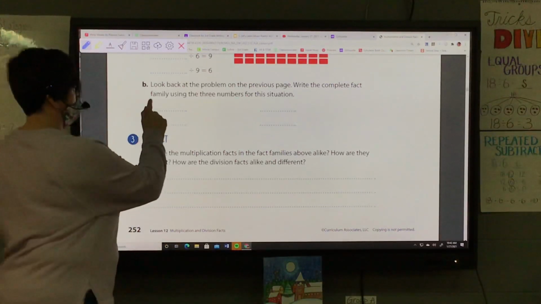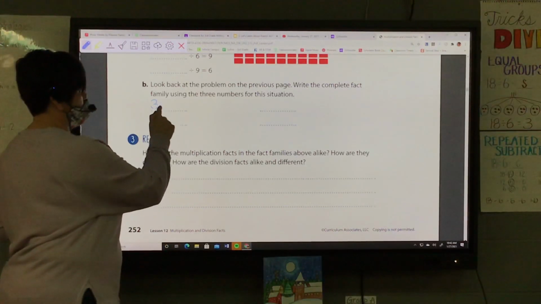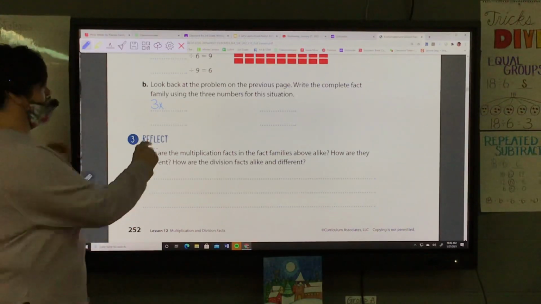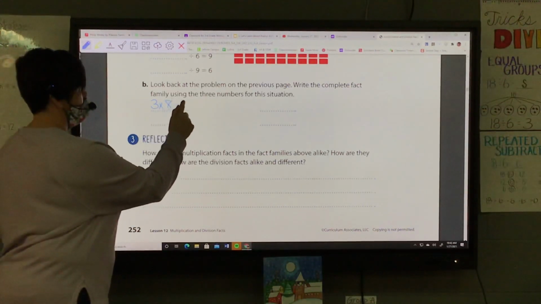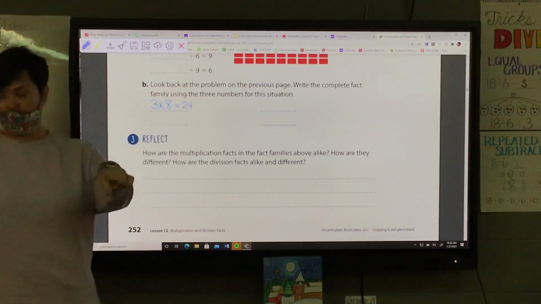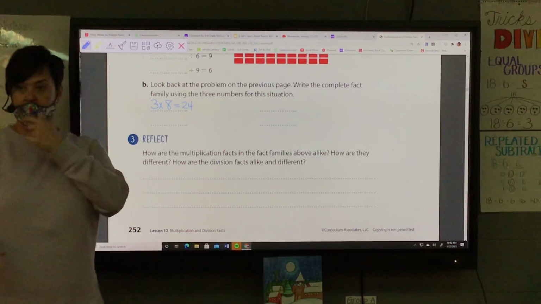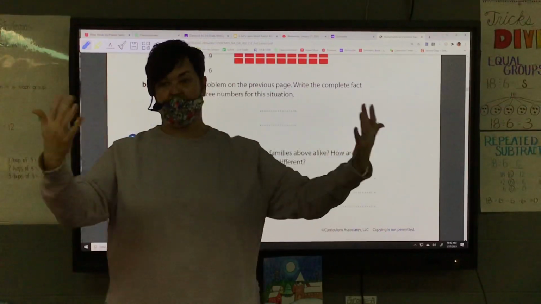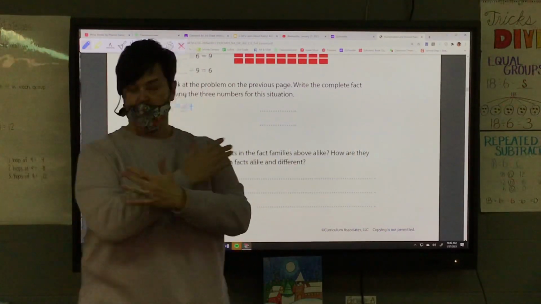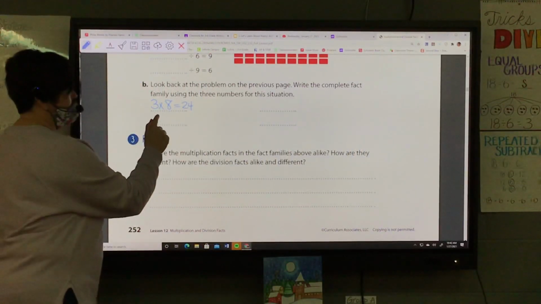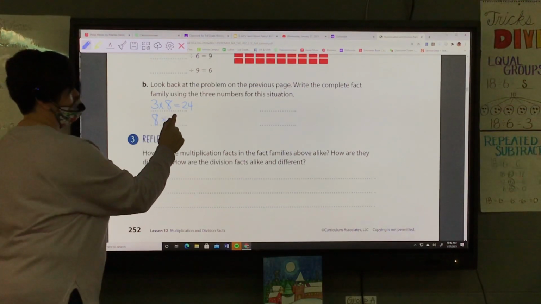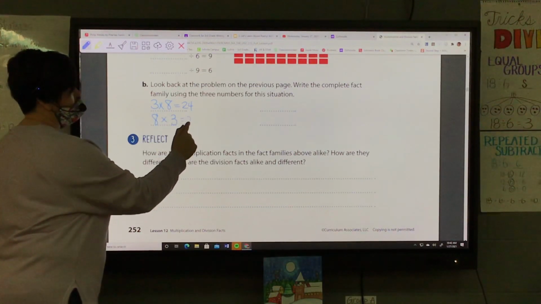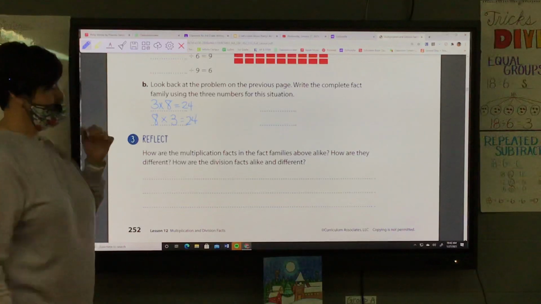Okay. 3 times what? 8 equals what? 24. Do you have that equation as one of yours? Yes. So now can I change the order of my factors? Yes. Now I would write 8 times 3 equals 24.